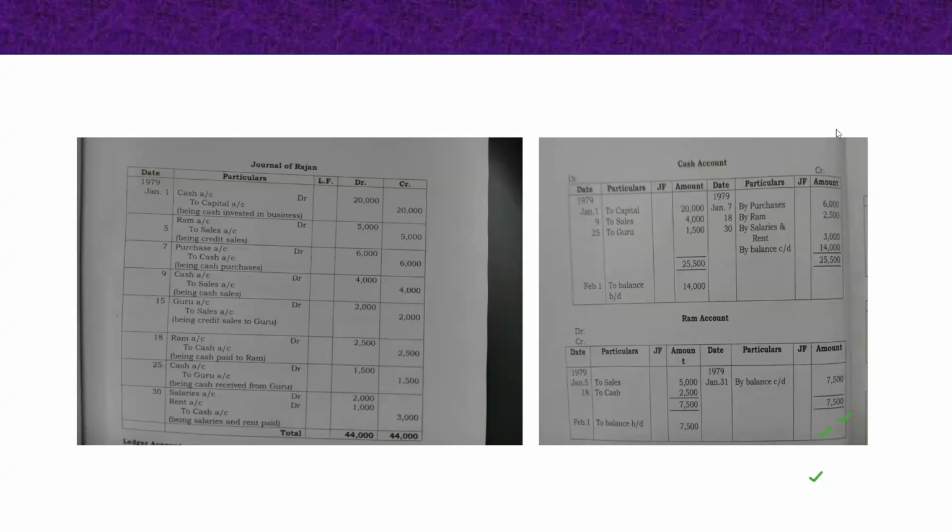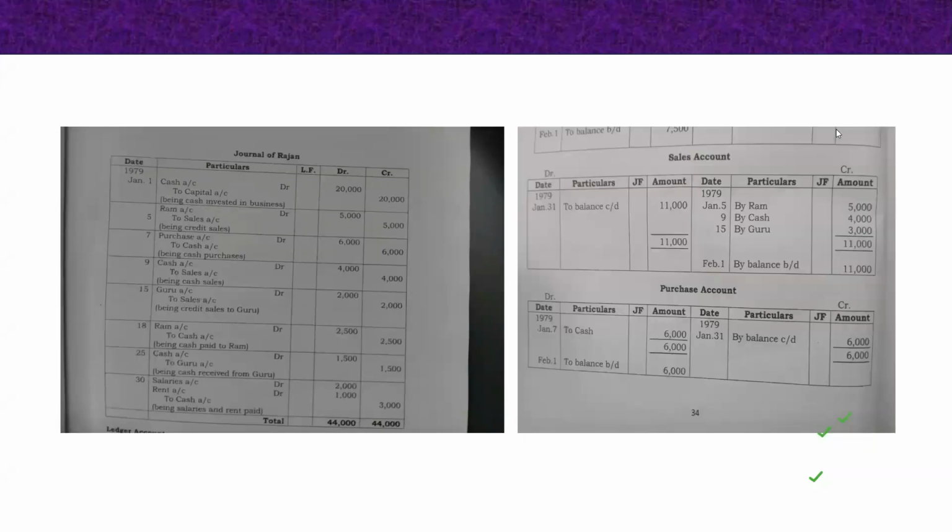Okay, I'm going to change the slide. So now the ledger posting is for the sales account and purchase account.